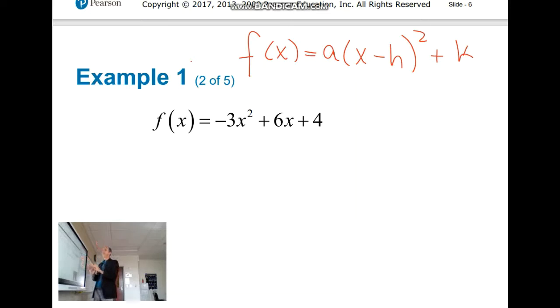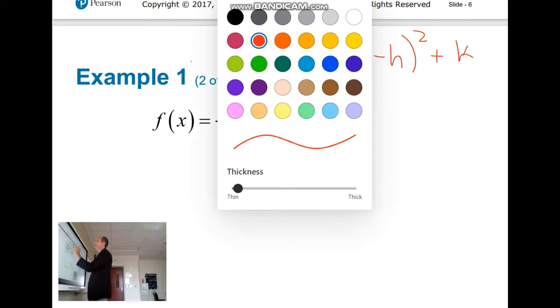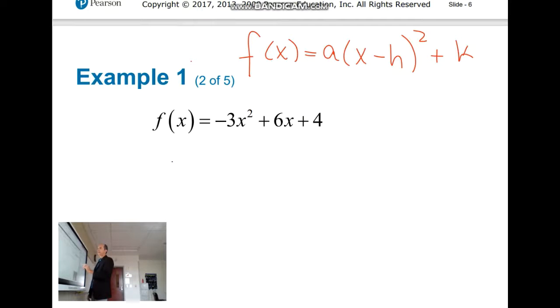This is the format that we're going to use, and we have the equation here. The first thing is to find a. This a is going to be the coefficient of x squared.